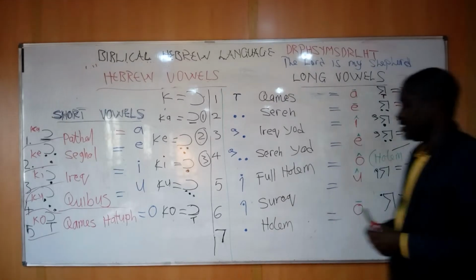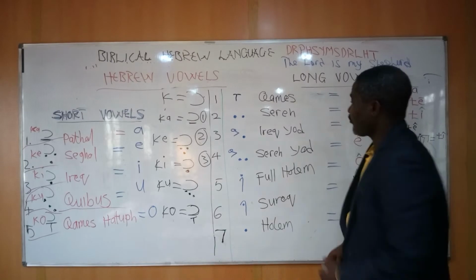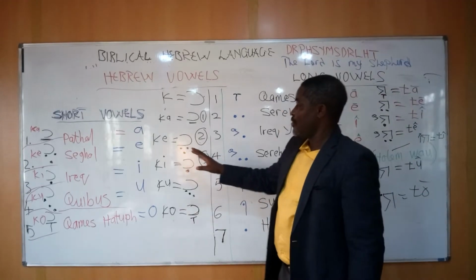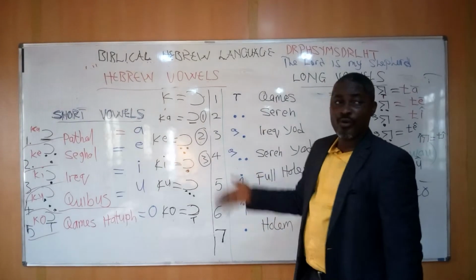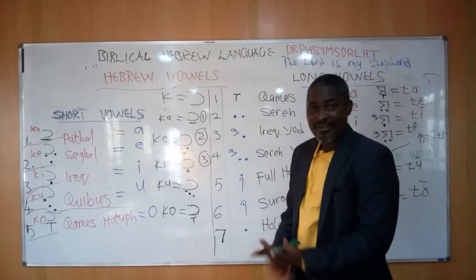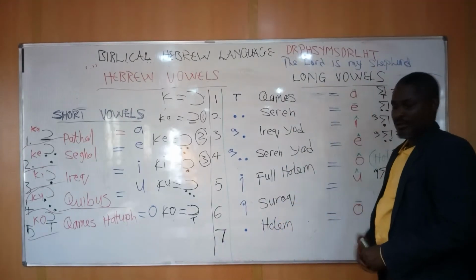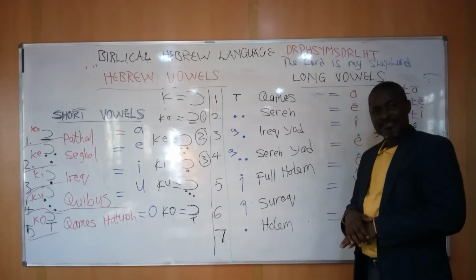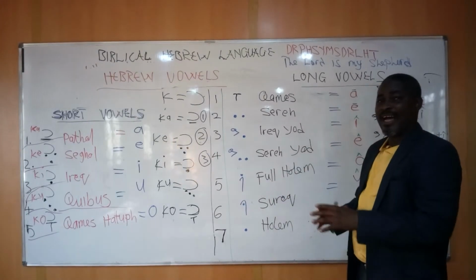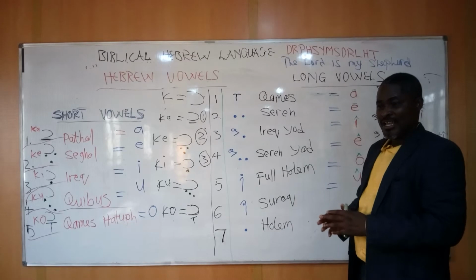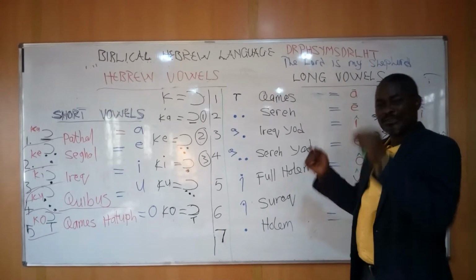Let me explain something here to make it easier. As I said, all of the short vowels stay under the consonants. But when it comes to long vowels, some stay under, some stand naturally as a full consonant, and some have part under and part on top.